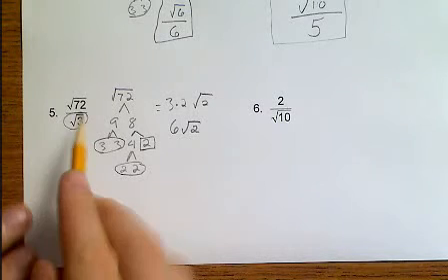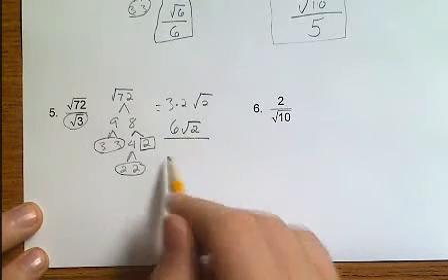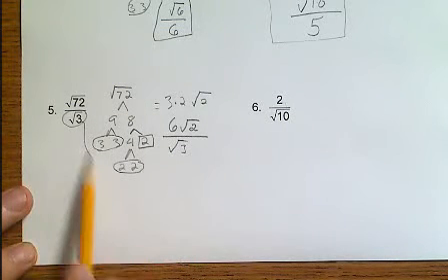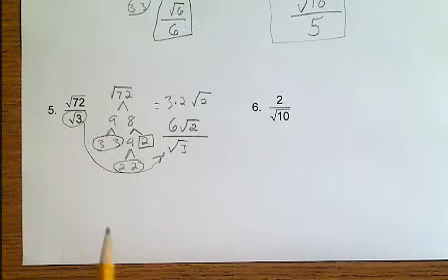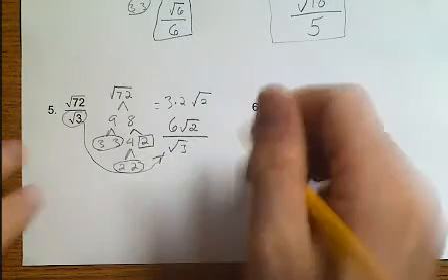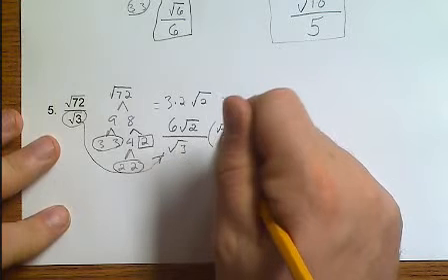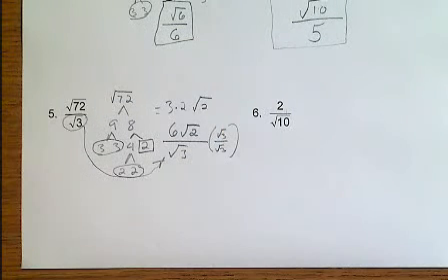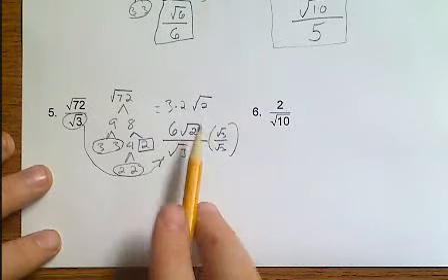And come back over, have the square root of 3 on bottom, so we can't forget about it. And again, I can't have a radical on the bottom, so I'm going to go ahead and multiply square root of 3 over the square root of 3, which 2 times 3 gives me 6.